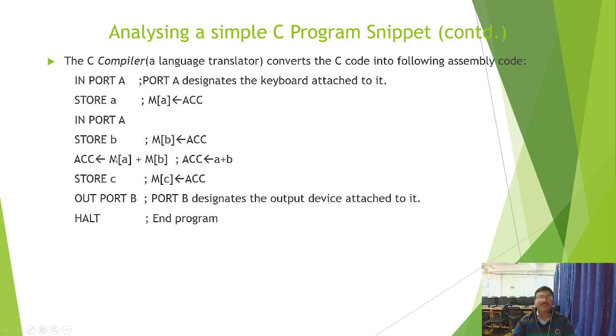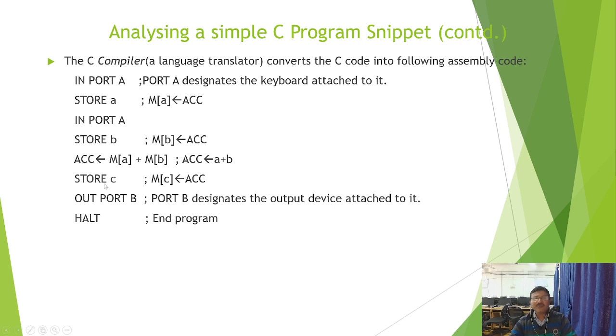So ultimately what we come to know is that the simple C snippet is now translated into the corresponding assembly level language, and in this assembly language we get 8 such instructions, which are generated by the compiler.